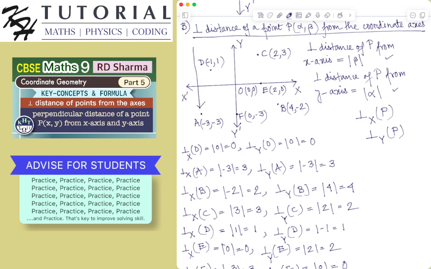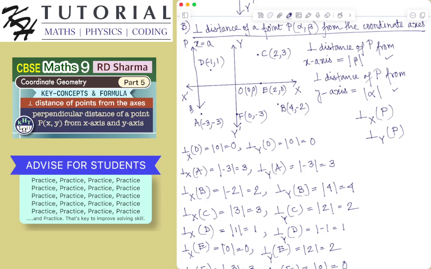Let's say this line is PQ, and it is parallel to the y-axis, and we know that any line parallel to the y-axis is of the form x is equal to a. In this figure I have drawn the line PQ to the left hand side of the y-axis, so obviously a will be negative, but a could be positive or negative. If a is positive, then this line would be to the right hand side of the y-axis.